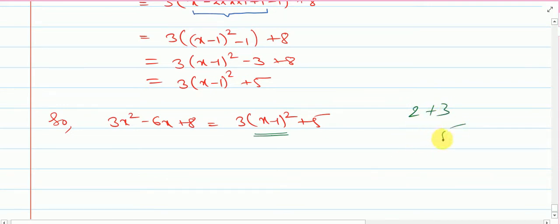This will be always greater than the individuals. So here you can see plus 5 and here also positive number only. So when can you get this whole thing minimum? When this becomes 0.